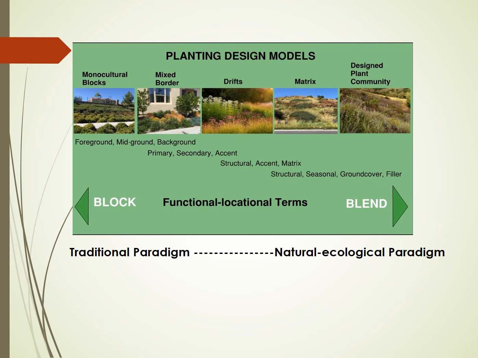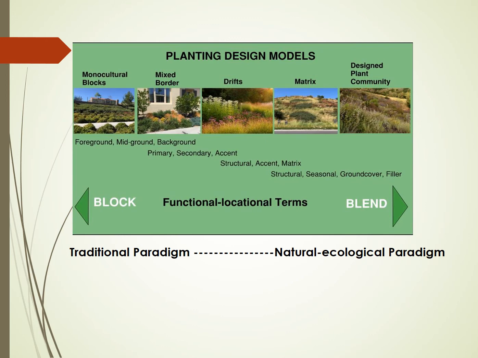The terms primary, secondary, and accent go pretty well with mixed borders and drifts. The terms structural, accent, and matrix go well with drifts and matrix plantings. And the terms structural, seasonal, ground cover, and filler go with matrix plantings as well as designed plant communities.